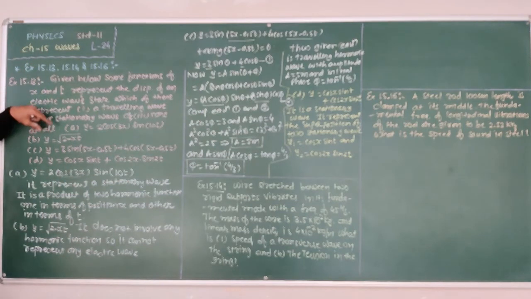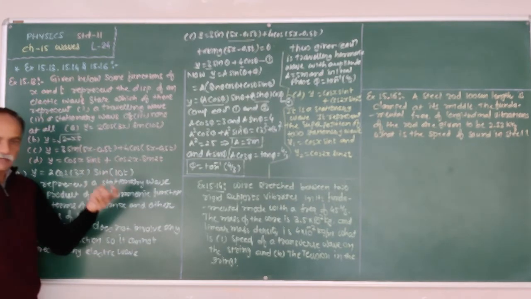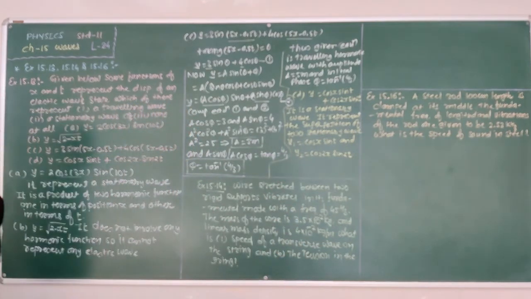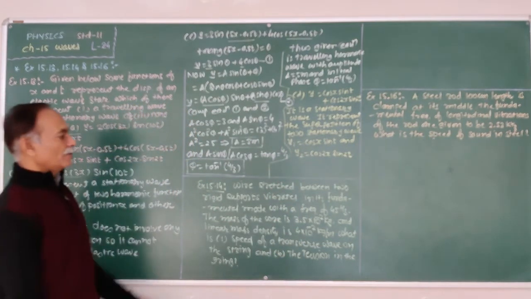So here the first is a stationary wave, the second does not represent any elastic wave, while the third is a traveling wave, and the fourth is also a stationary wave that represents the superposition of the two stationary waves y1 and y2. Clear?